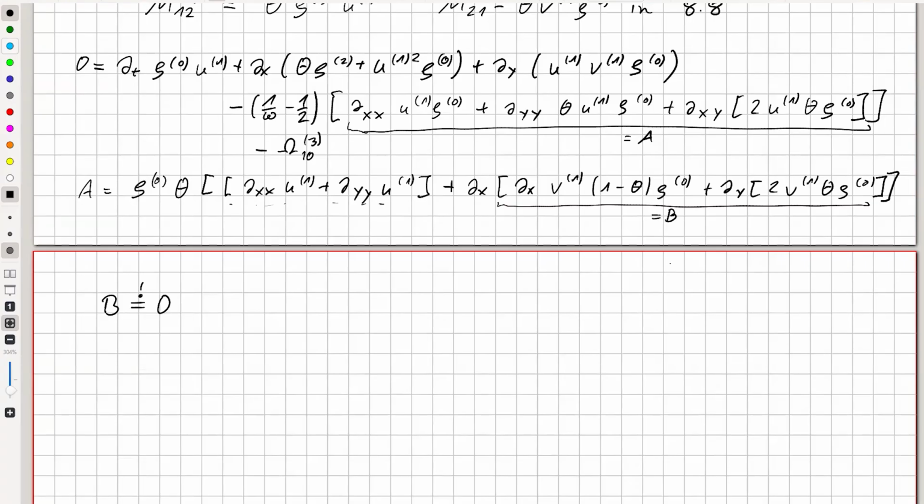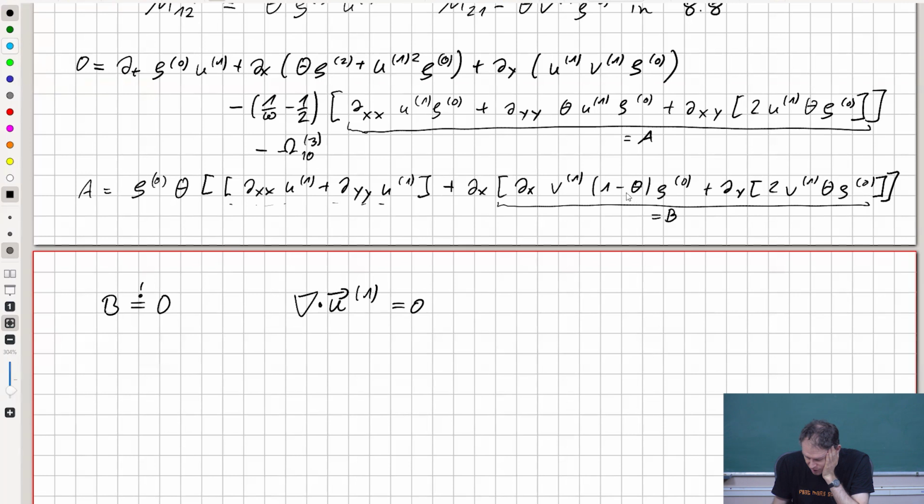And what I'm going to use, since we know from this expansion that we made, is that to first order the divergence of u is equal to 0. So this we can use if this 1 minus theta is equal to 2 theta, yeah?